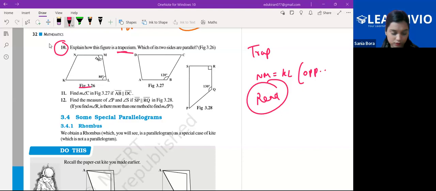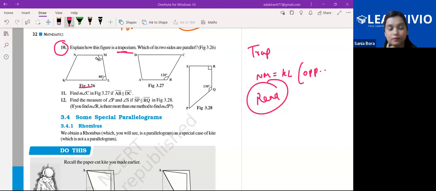For the trapezium one, we can only use one property, right? Sorry? For the 10th question, we can only use one property to solve it, right? Okay. I'm done. Now I'm also done. Okay, who will tell me the answer then?